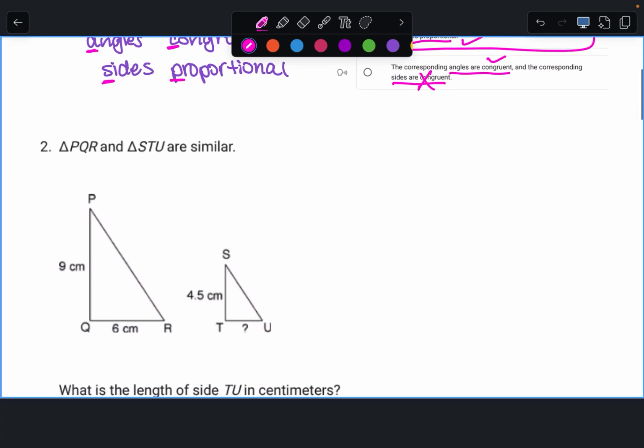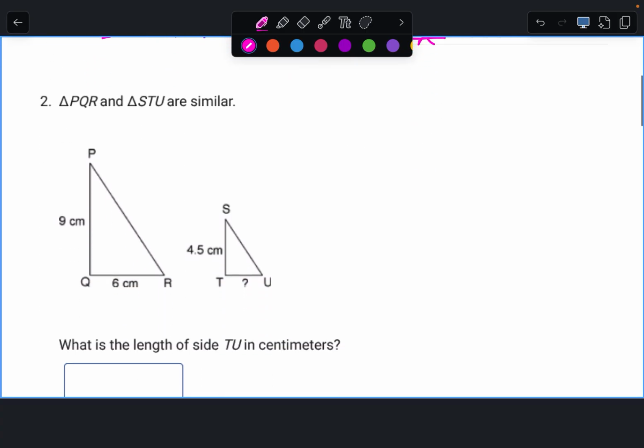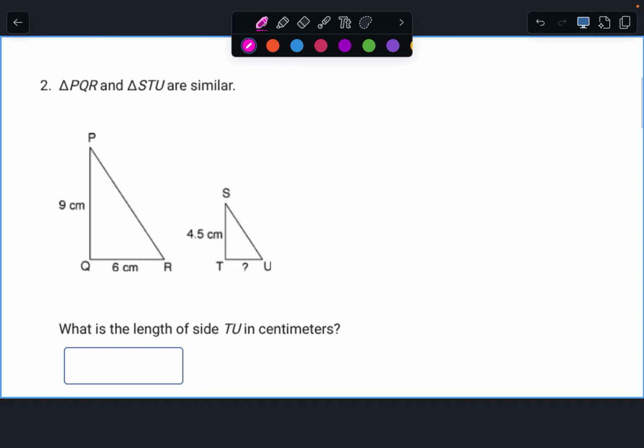All right, on question number 2, I'm told that PQR and STU are similar. So I can do this a couple of different ways. First I'm going to highlight my sides. So PQ goes with ST. I know that because PQR, STU.